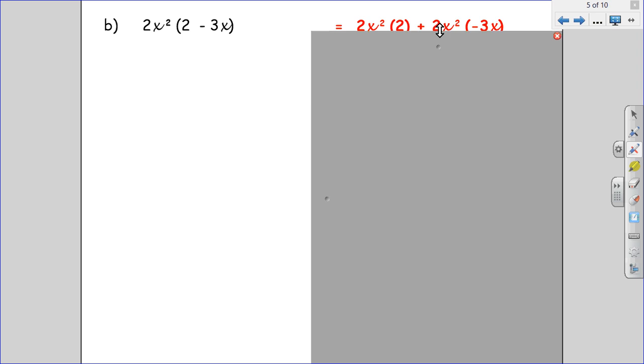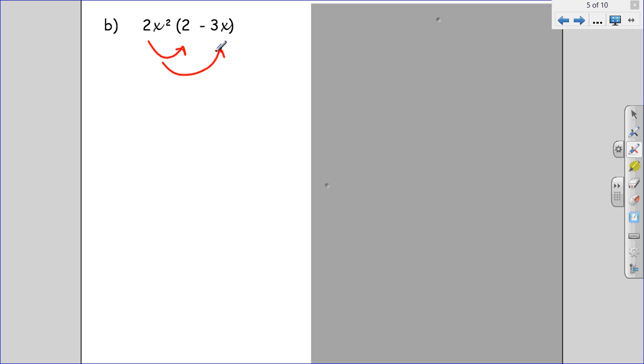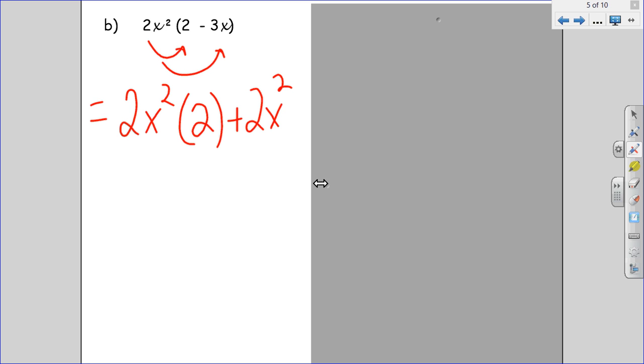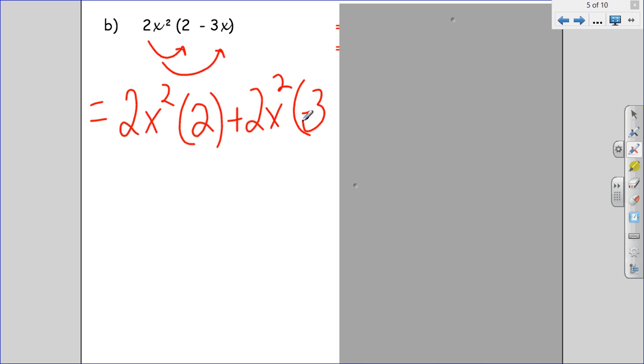2x squared times 2. Again, the 2x squared gets multiplied with the 2 and with the negative 3x. And if I wanted to write it out a little bit longer, I could write it as 2x squared times 2 plus 2x squared times negative 3x. 2 times 2 is 4, and the x squared just stays the same.